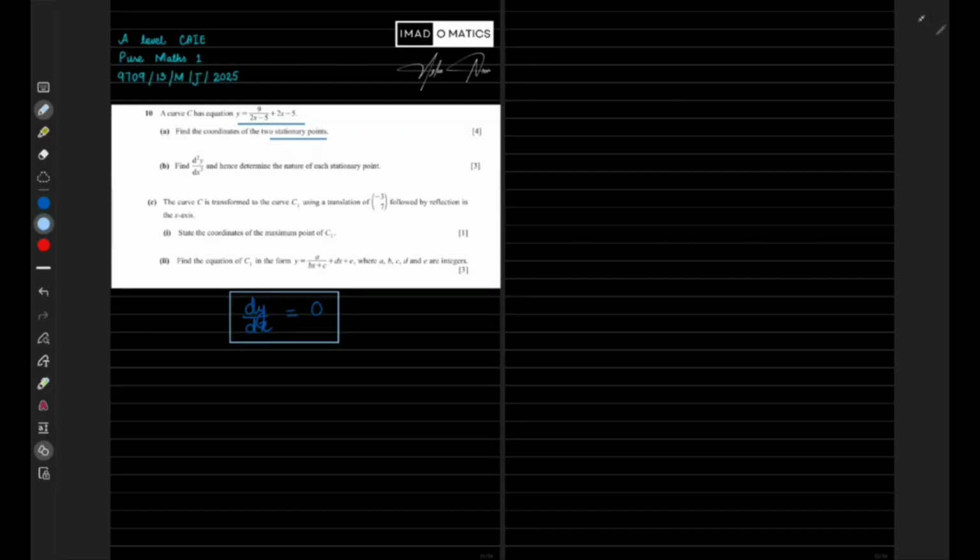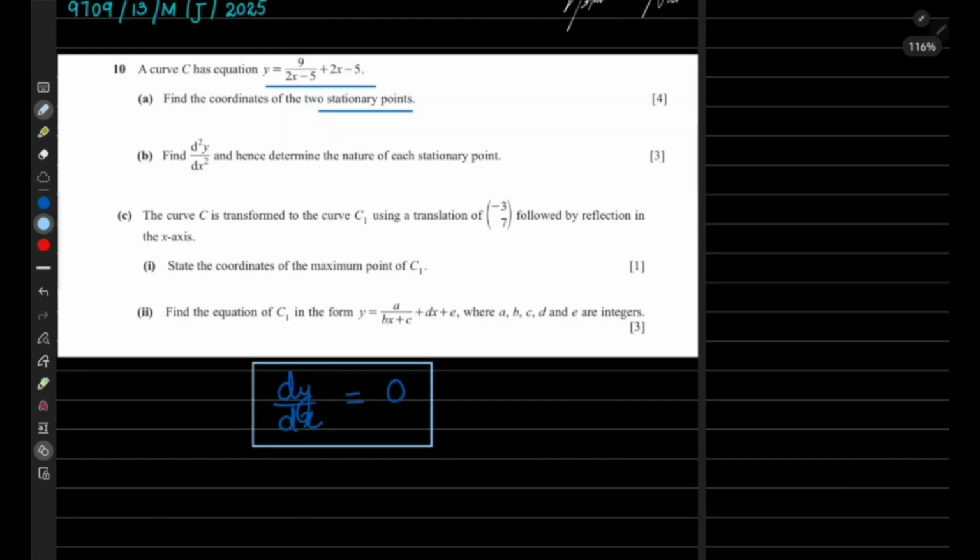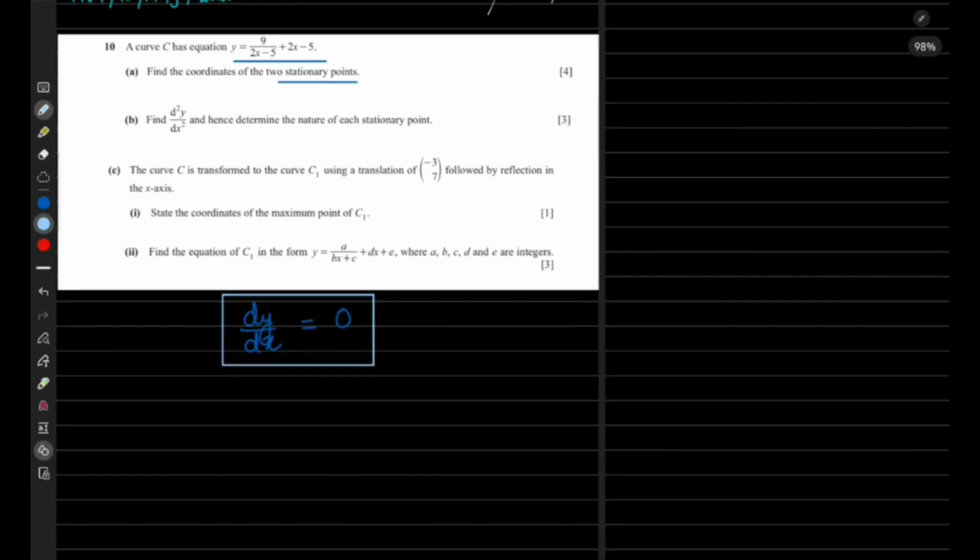Now let's find the derivative for this. So we have the equation y equals 9 over 2x minus 5. We cannot differentiate this with x in the denominator, so I am writing it in the numerator: 2x minus 5 to the power minus 1 plus 2x minus 5.